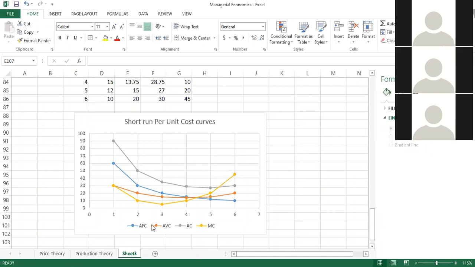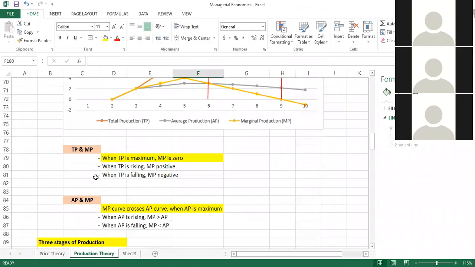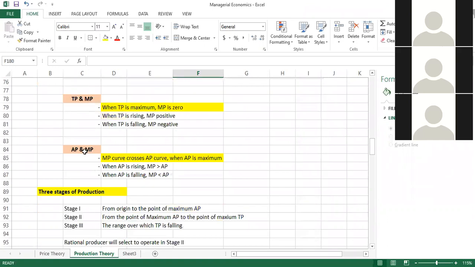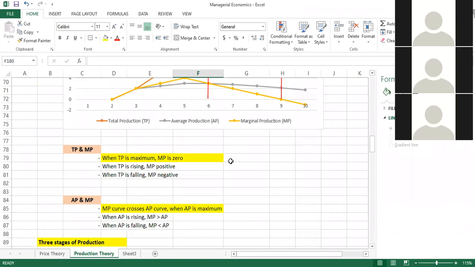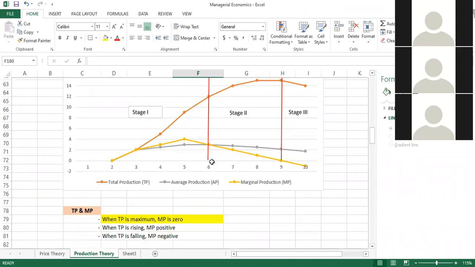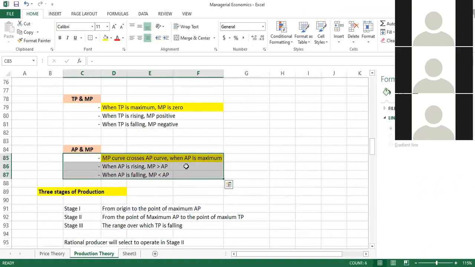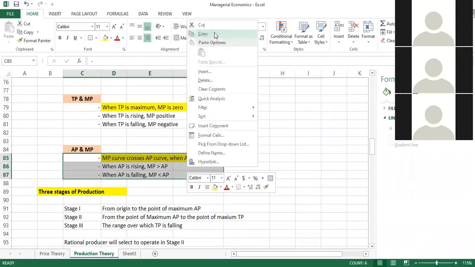This is actually the opposite of the relationship we observed between production curves. Between average production and marginal production, you may remember, the marginal production curve crosses average production when the average production is maximum. Here you can see the marginal cost curve crosses the average cost curve when average cost is minimum.